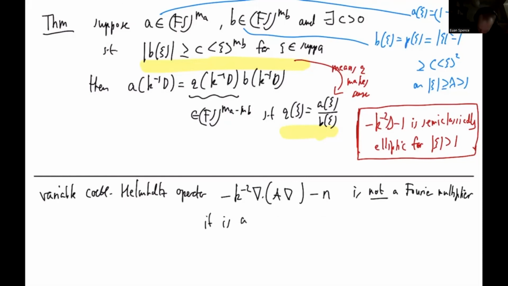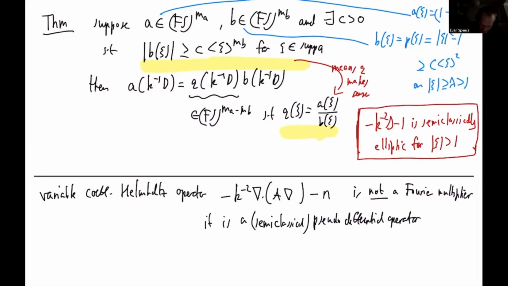Unlike the constant coefficient Helmholtz equation, this variable coefficient creature is not a Fourier multiplier, but it is a pseudo-differential operator. And I'm going to use the adjective again, semi-classical, just to mean, again, it's a pseudo-differential operator where I'm basing everything on the Fourier transform weighted by this K inverse small parameter.